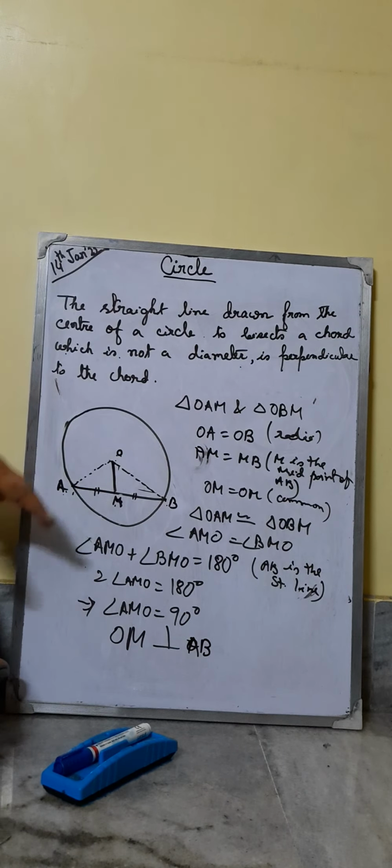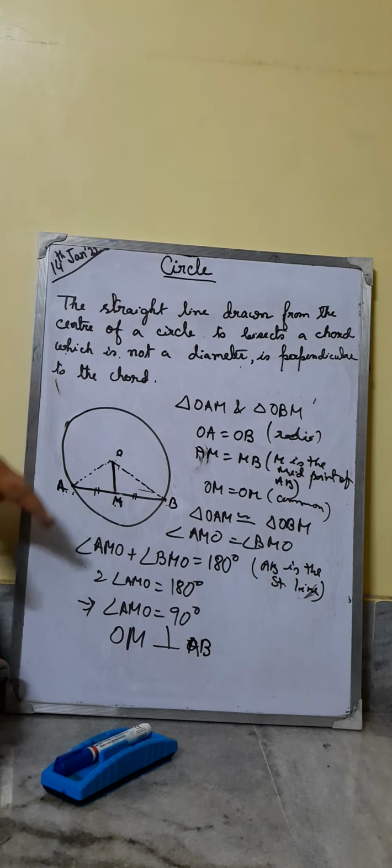What is the converse theorem? First I have to rub this. Just the opposite. What is that? The perpendicular drawn to the chord from the center of the circle bisects the chord. Bisecting the chord means here we have to prove that AM equals MB. So, first I have to write the theorem.